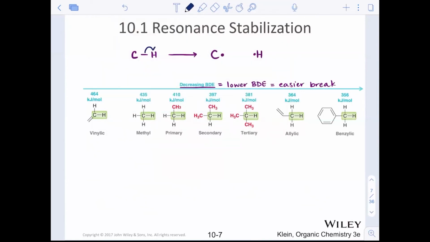We took this bond and we broke it homolytically. The lower the bond dissociation energy, the easier that is to break, which means that this resulting radical is stable. So the radical is stable if the bond dissociation energy is small. It means it doesn't cost much to break it. So we do see the resonance radicals are the easiest to form.